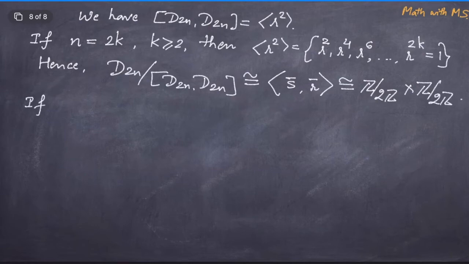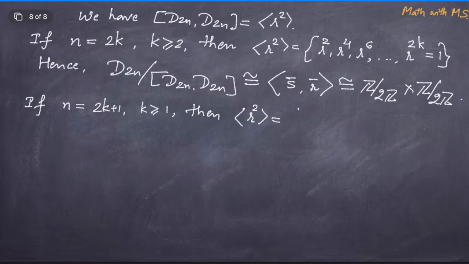And if n is odd, let us say n equals 2k plus 1 for k bigger than or equal to 1, then one can check that the subgroup generated by R square in this case will be the whole of the cyclic subgroup generated by R, because you will get even powers R square, R to the power 4, and so on, and then you will go all the way up to R to the power of 2k, and then you will go to R to the power 2k plus 2, but R to the 2k plus 1 vanishes, therefore it will be R, you retrieve R, and then when you multiply by R square again it will be R cube, and so on.